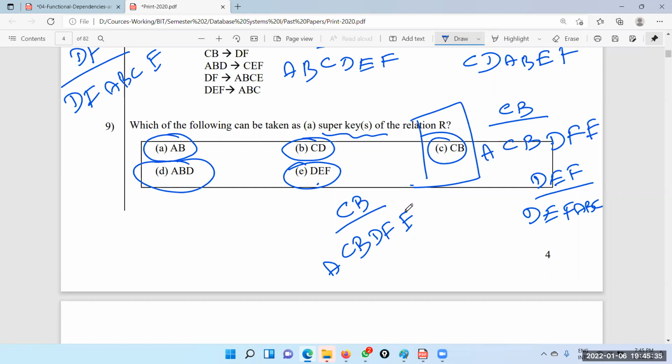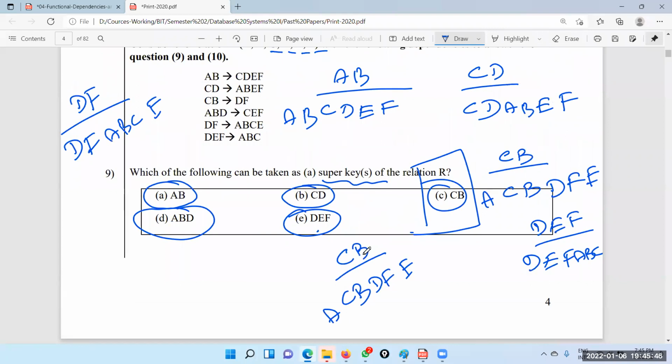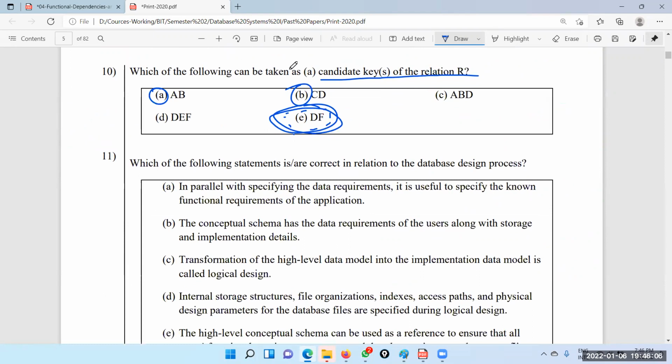I don't know why they have not taken C. They have taken other things, but not C. For me, C is an answer because CB determines CB, CB determines DF, and DF determines ABCE. So therefore, it has determined everything. I don't know why they have not taken C. But clearly for me, everything is an answer, but the examiner has not taken C. Here, there is no debate.